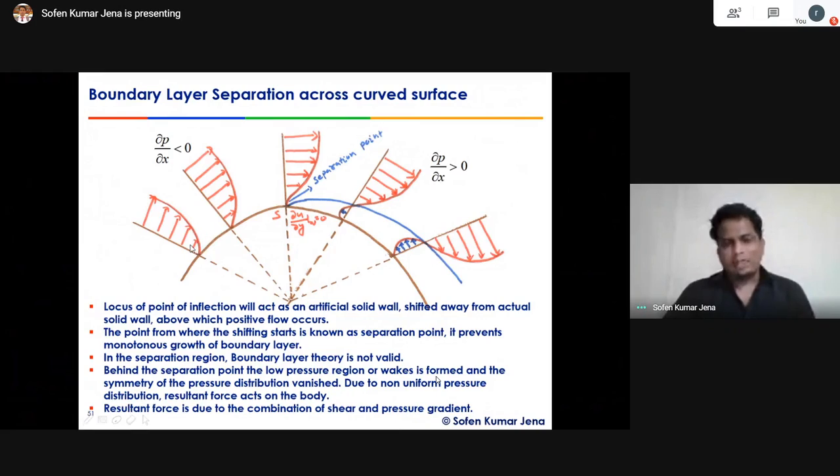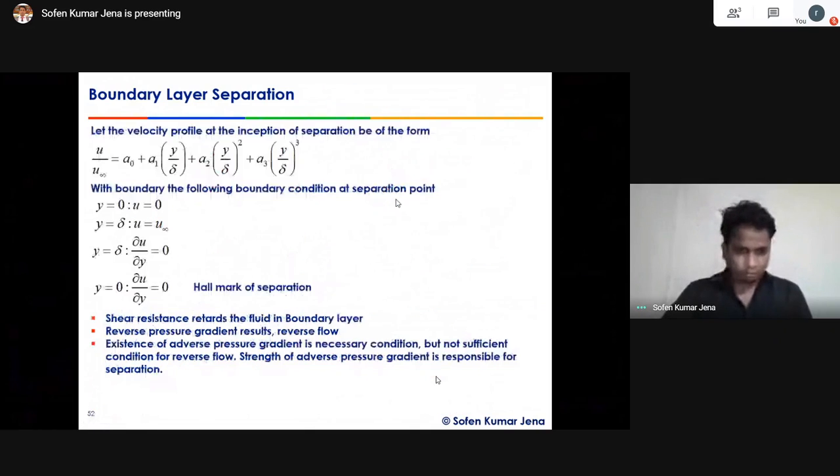And again, because of the eddy mixing, turbulent flow has high inertia compared to laminar flow. That's why there is a contradicting thing. In the case of turbulent flow, the shear drag is maximum as well as the inertia force is maximum.